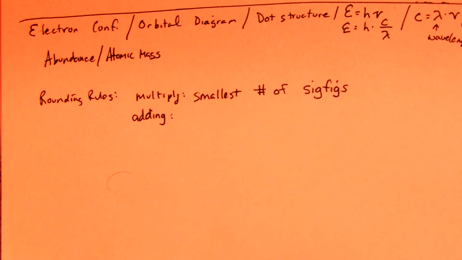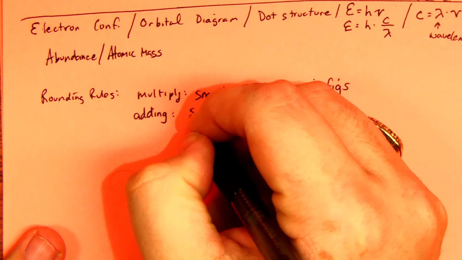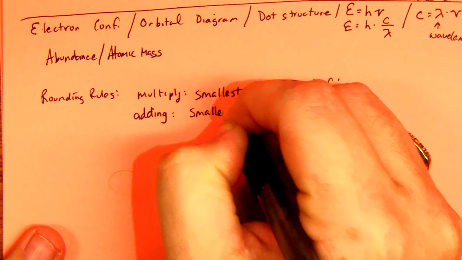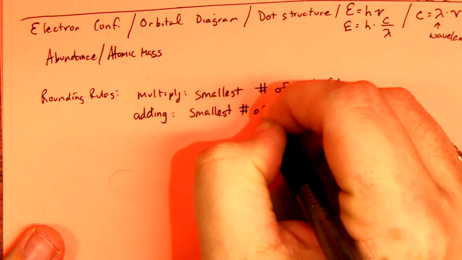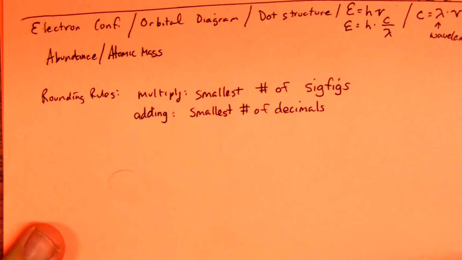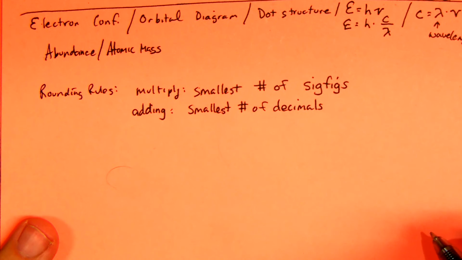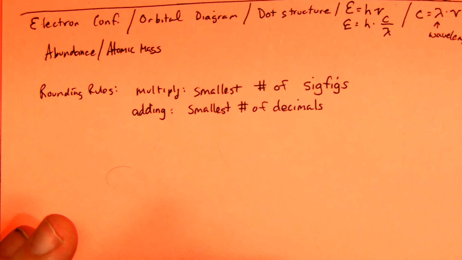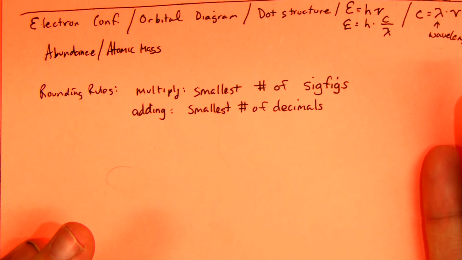Help me out here. Smallest number of decimals? Yep. The smallest number of decimals. So when we're doing our rounding, anything 5 or greater we're going to round up. Anything less than 5 we're going to round down.